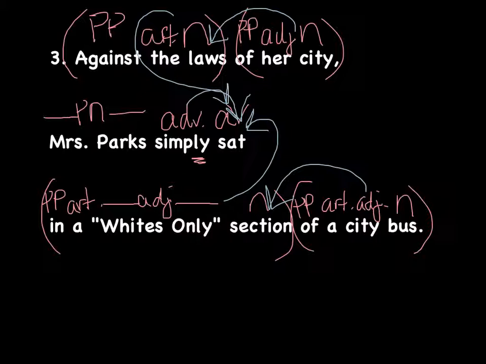I can move that around. I could also say, in a whites-only section of a city bus, Mrs. Parks simply sat against the laws of her city. I can rearrange those and the meaning is still clear. Now remember, that's only true for adverbs that modify verbs. If an adverb modifies an adjective or another adverb, it is not going to be movable.